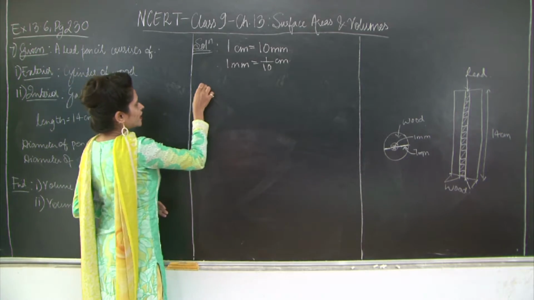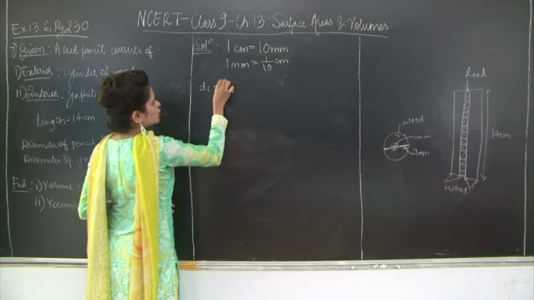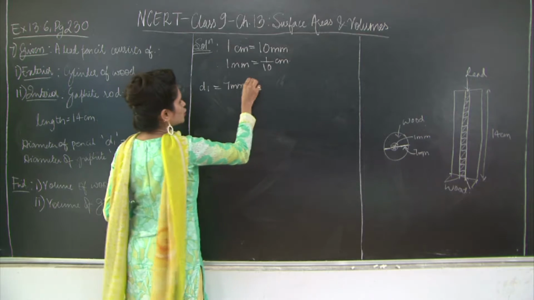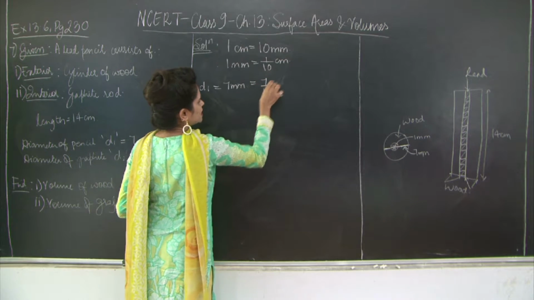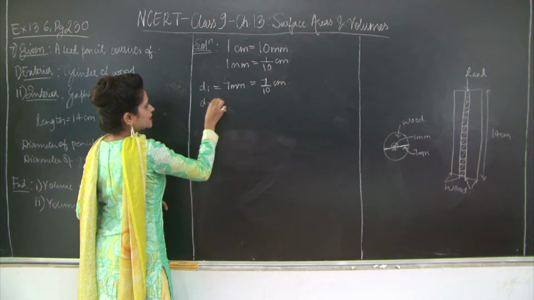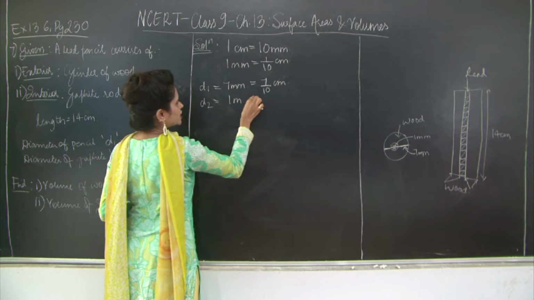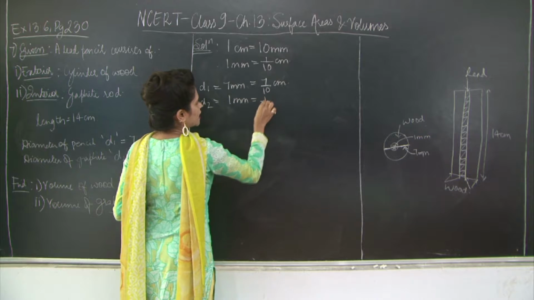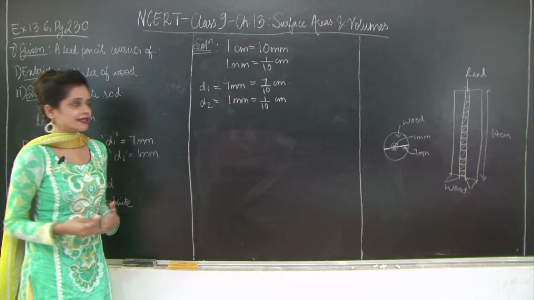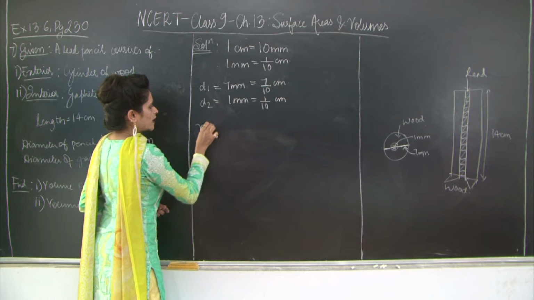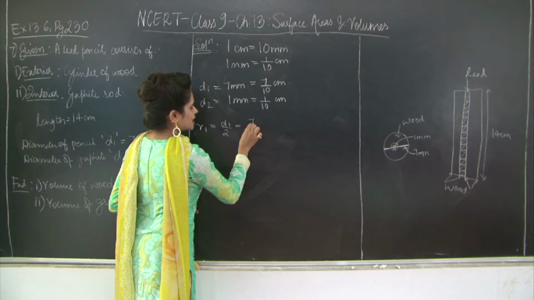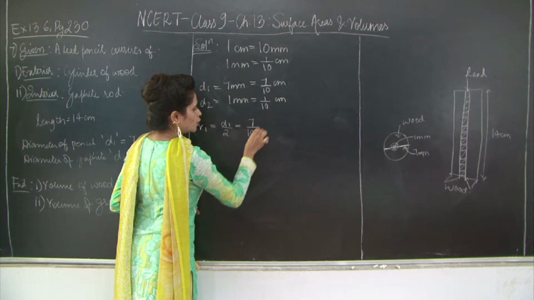Now diameter 1 is equal to 7 millimeters. This is given, so it is going to be 7 upon 10 centimeters. And diameter 2 is 1 millimeter, which is equal to 1 upon 10 centimeters, right? But we need to find the radii. So radius 1 is going to be equal to diameter 1 upon 2, which is 7 upon 10 into 2 centimeters.